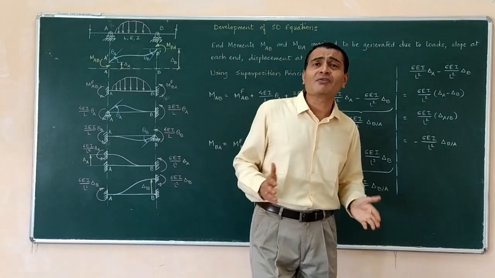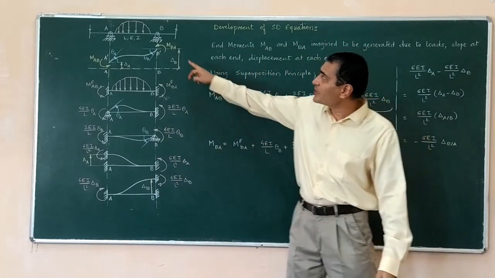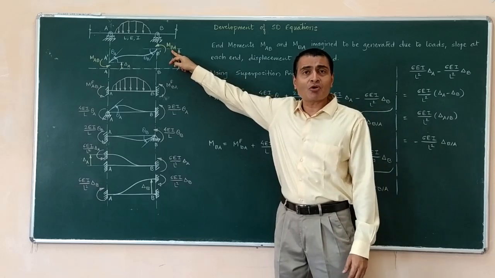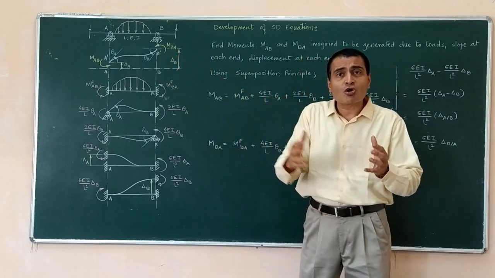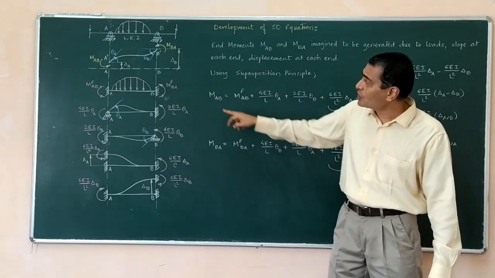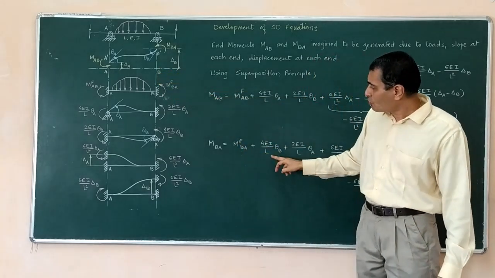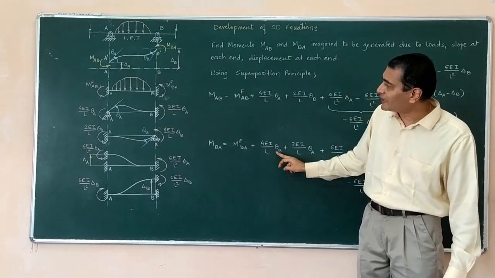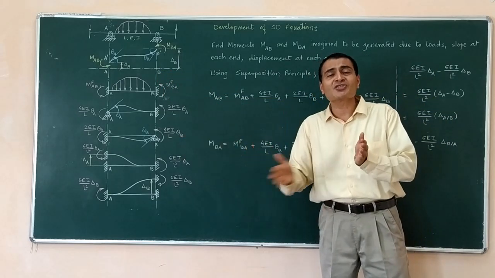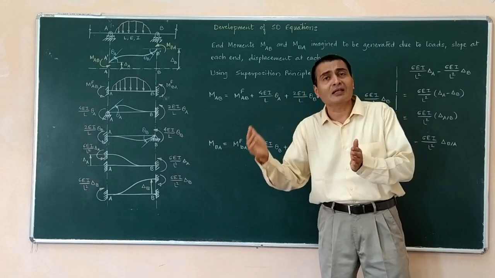Obviously, same treatment I will give to joint B. You are observing this M of BA, end moment in my original loaded structure. M of BA is because of these contributions. So M of BA is equal to fixed end moment due to loads, 4 EI upon L into theta B. I have written this quantity first because I am maintaining a sequence: fixed end moment, near end rotation, far end rotation, likewise.